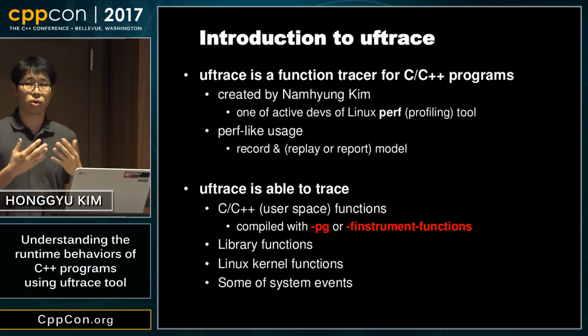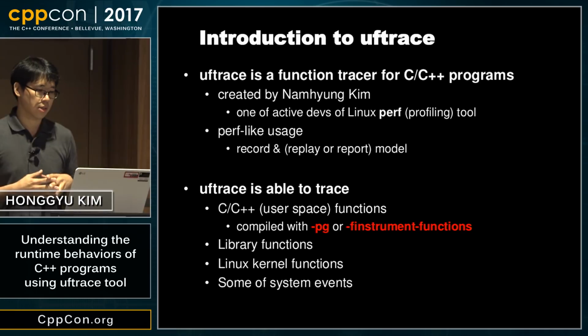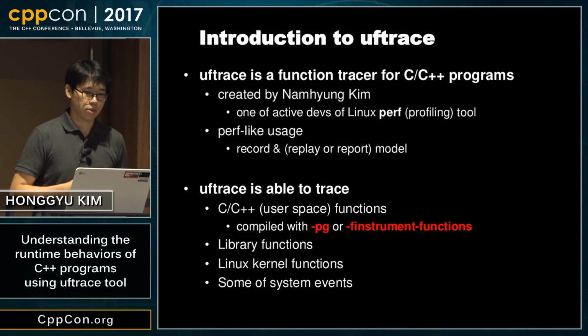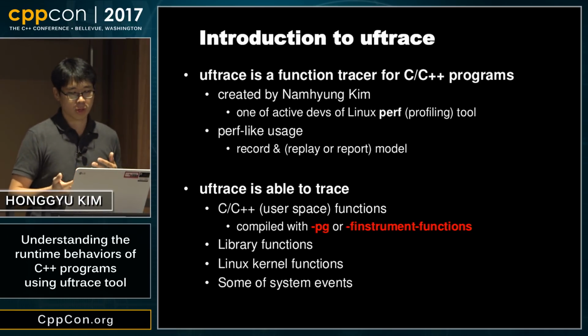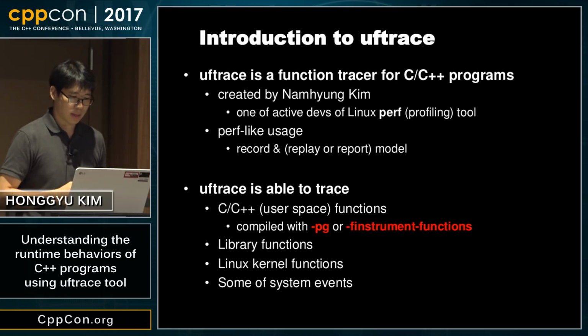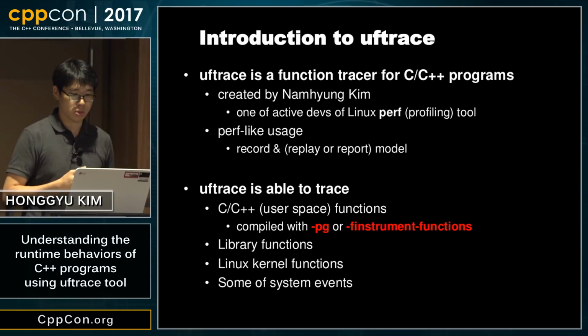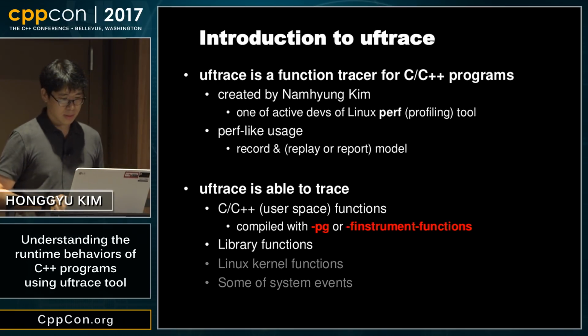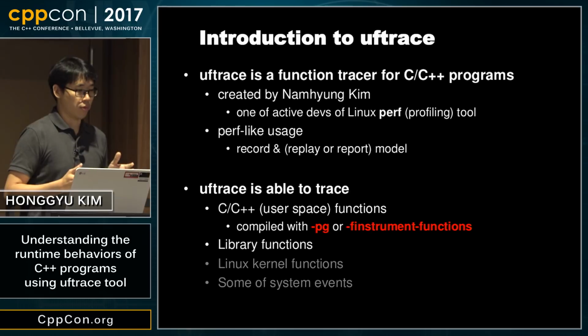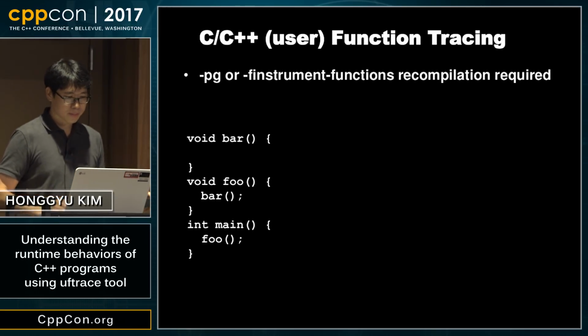At first you have to record all the function traces, and then you can analyze them using the replay command or report command. uftrace is able to trace C or C++ user space programs, library functions, Linux kernel functions, and some system events. But I'll be focusing on just user space programs and library functions.